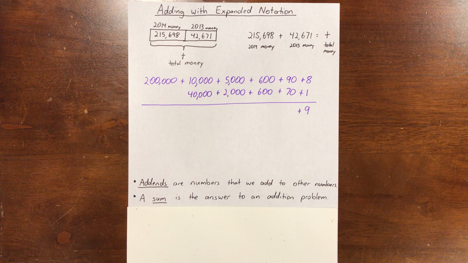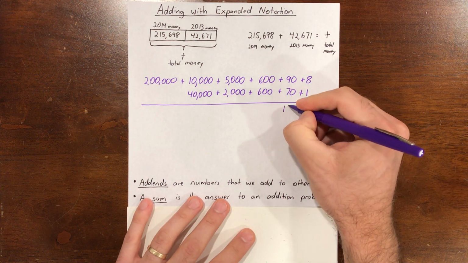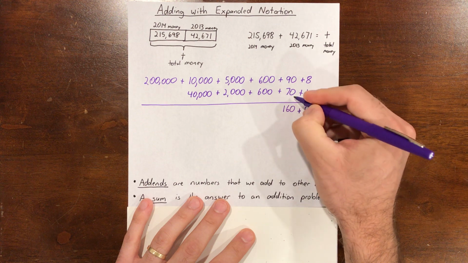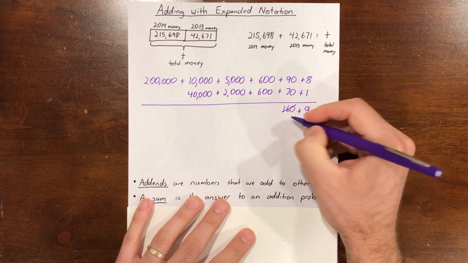Oh yeah, I need to regroup the 100 to the hundreds place. But how would I show that? Say it out loud. Yeah, I could put 160, because that was 90 plus 70, then I'll cross it off.